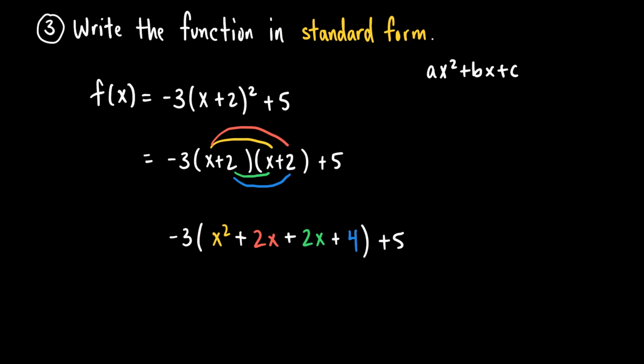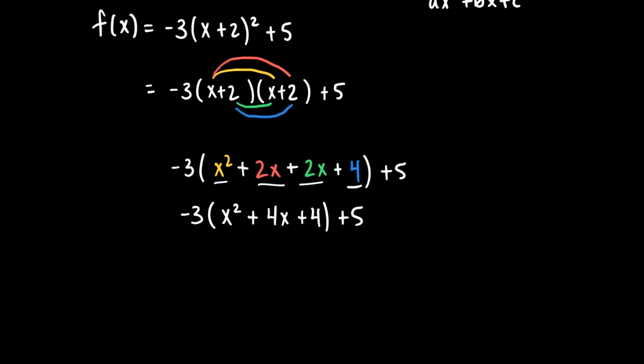You're more than welcome here if you'd like to take the negative 3 and distribute it to everything. But I like to simplify inside the parentheses a little bit first. So I'll write this as negative 3 times x squared plus, let's see, 2x plus 2x makes 4x, plus 4, plus 5. Okay, so now we're almost done.